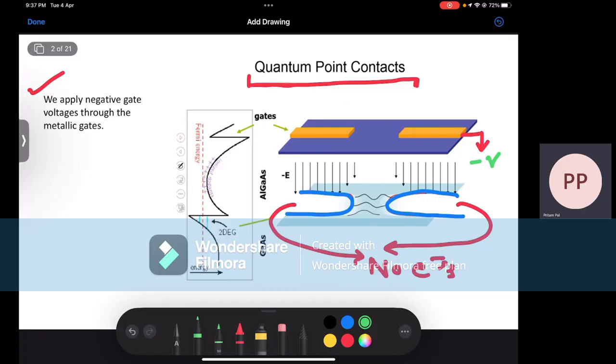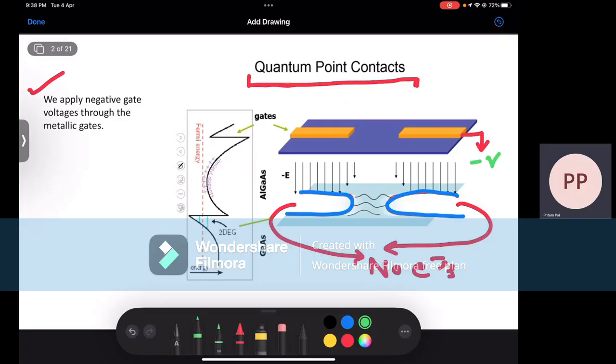And this is great because this one dimensional system we can fully control electrostatically. In principle we can change its width, although it's strange to talk about the width of a one dimensional system, but I'll explain in what sense we can change the width.